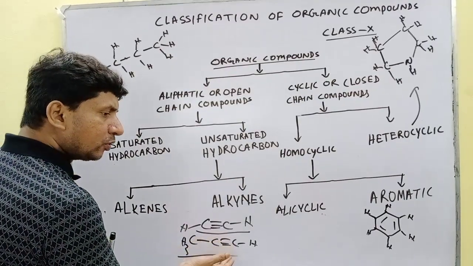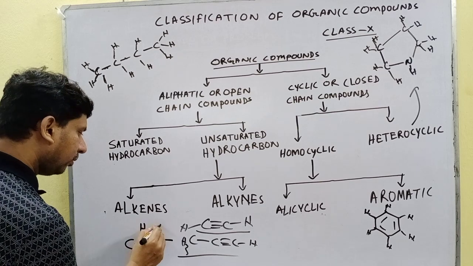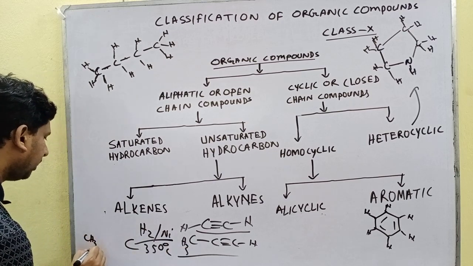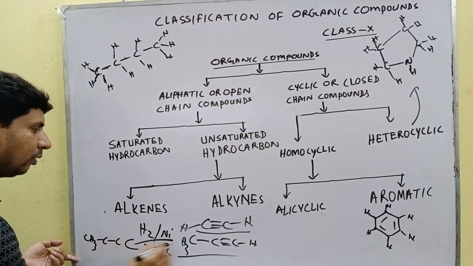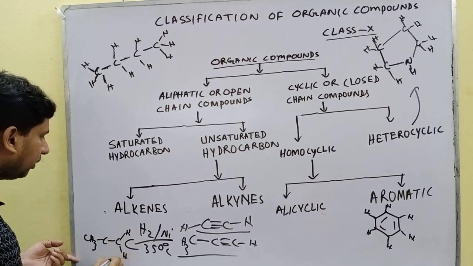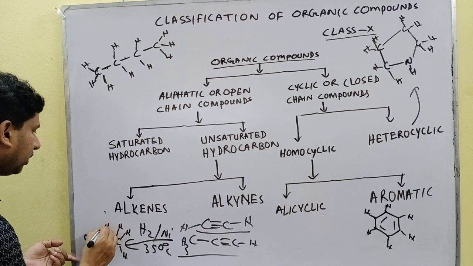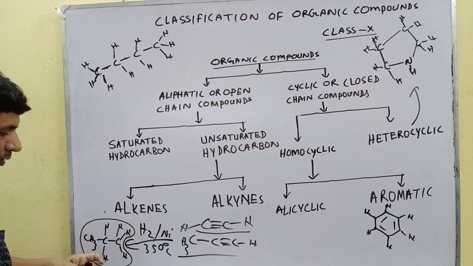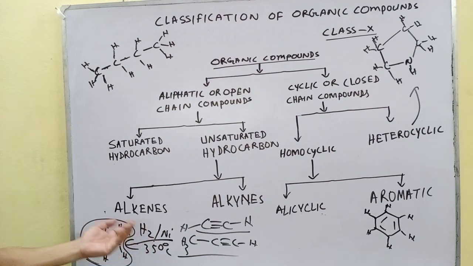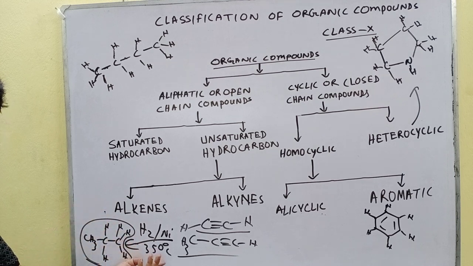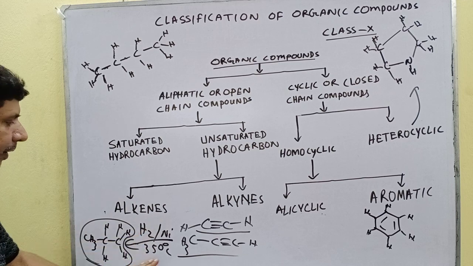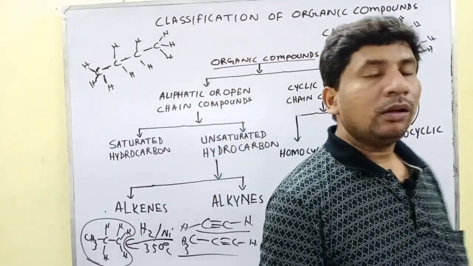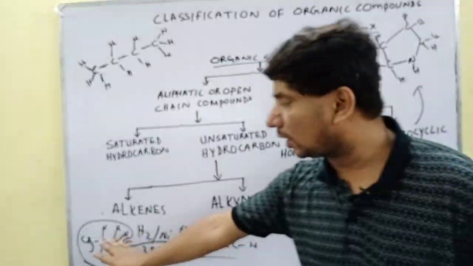That means if we give hydrogen in the presence of nickel catalyst at 350 degree centigrade temperature, then it will become CH3, then carbon, then a single bond to carbon, with hydrogens on each. So this is saturated. This compound is saturated by hydrogenation. In this way, from an unsaturated compound we can form a saturated compound by some reagent, hydrogen in the presence of nickel catalyst at 350 degree centigrade.